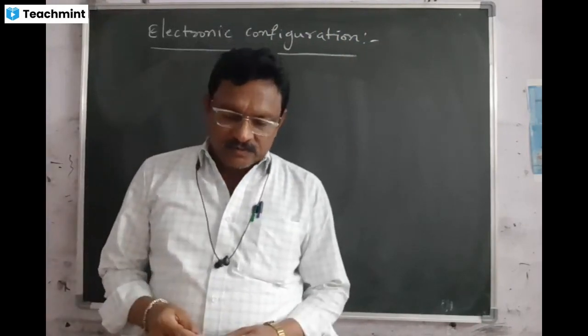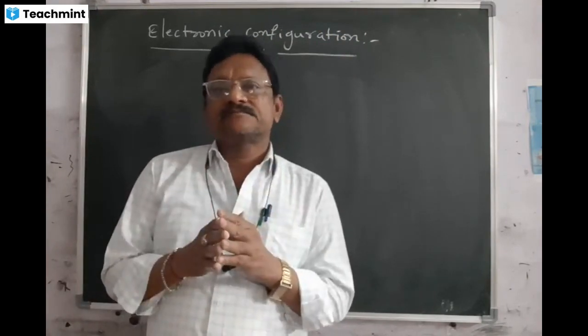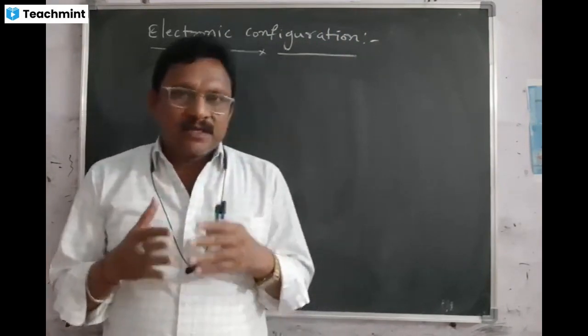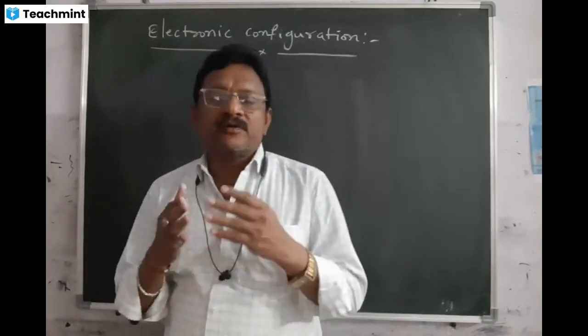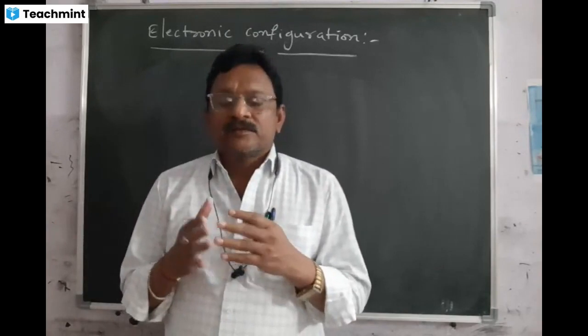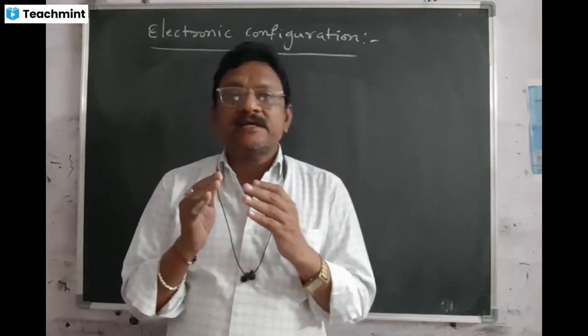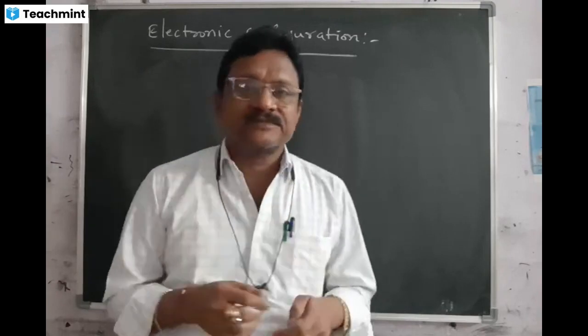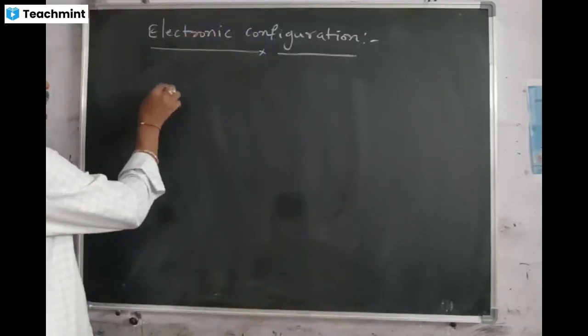So in order to understand the electronic configuration, or if you want to write the electronic configuration at your lower level, first of all you should have an idea about some basic terms. You are going to learn valence cell.